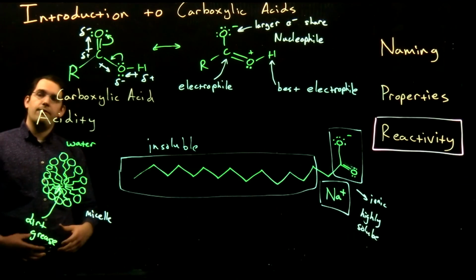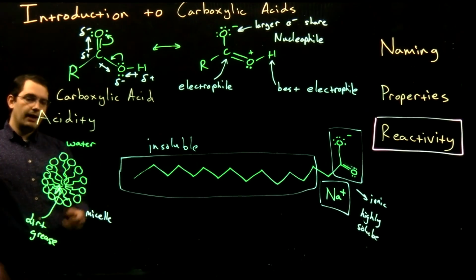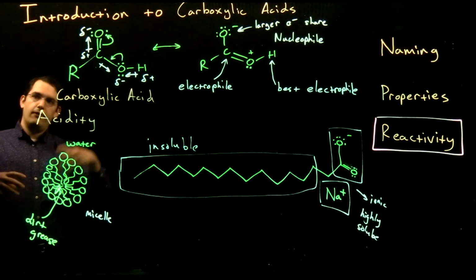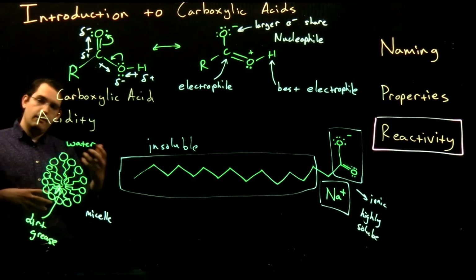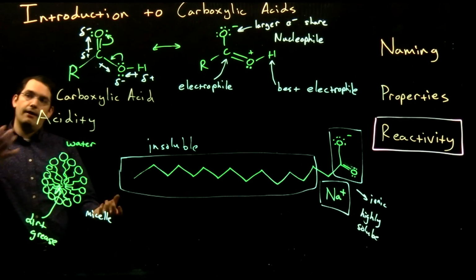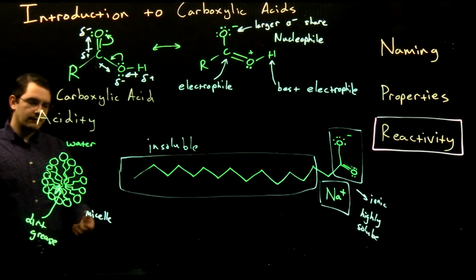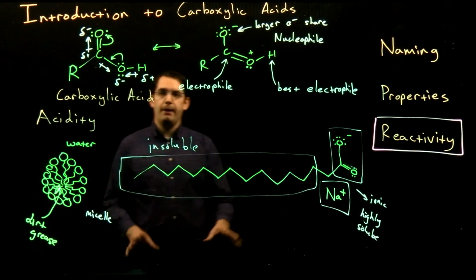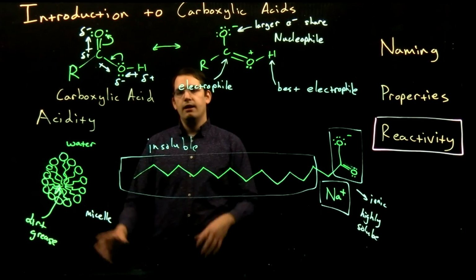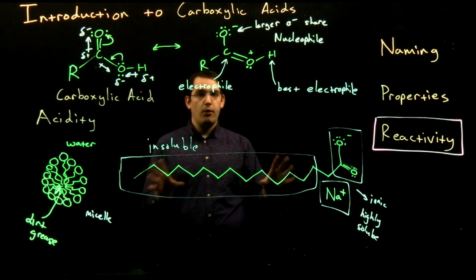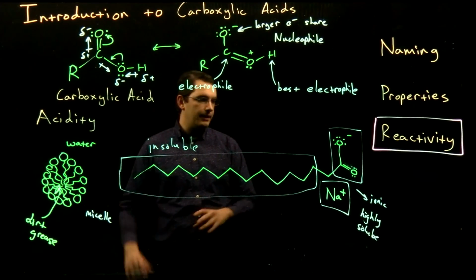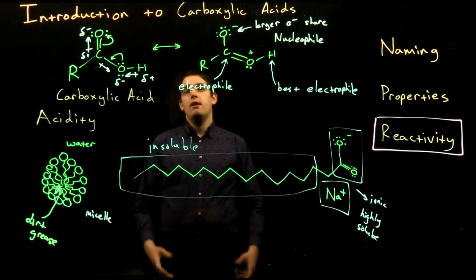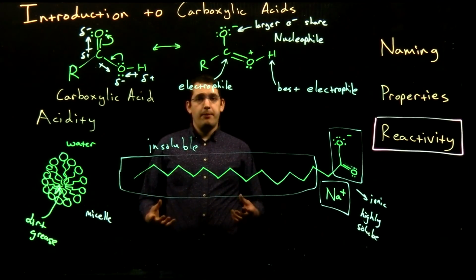It's also used for building things like cell membranes, where we need that nonpolar barrier in the middle of a polar environment inside the cell, as well as a polar environment outside the cell. So this sort of structure made by amphiphilic molecules is very important for more than just this soap application of our carboxylate molecule here.